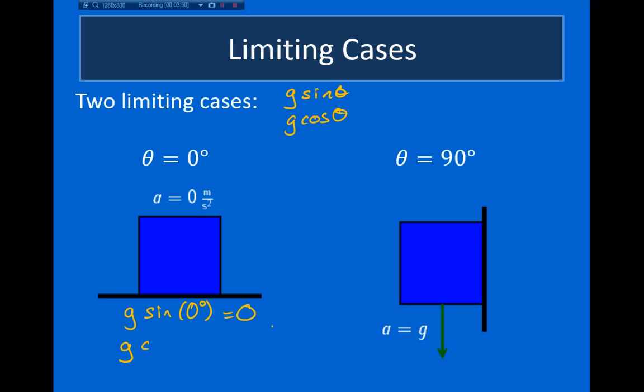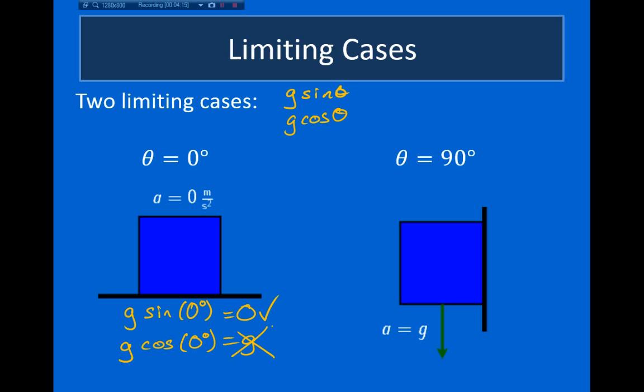Cosine of 0 is 1, so this would be g. So looking at these two answers, we can see that the acceleration of the block down the ramp has to be g sine theta, because obviously when the angle of the ramp is 0 and the box is sitting on a flat surface, my acceleration down the ramp is not the acceleration due to gravity.